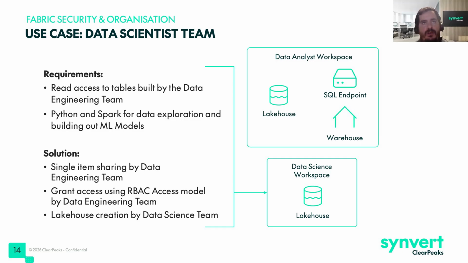We also granted access using role-based access control to the data scientist team and created a specific role for them with access only to the data we wanted to provide. After that, we created a lakehouse for the data scientist team to enable them to access the data and work with it using notebooks.